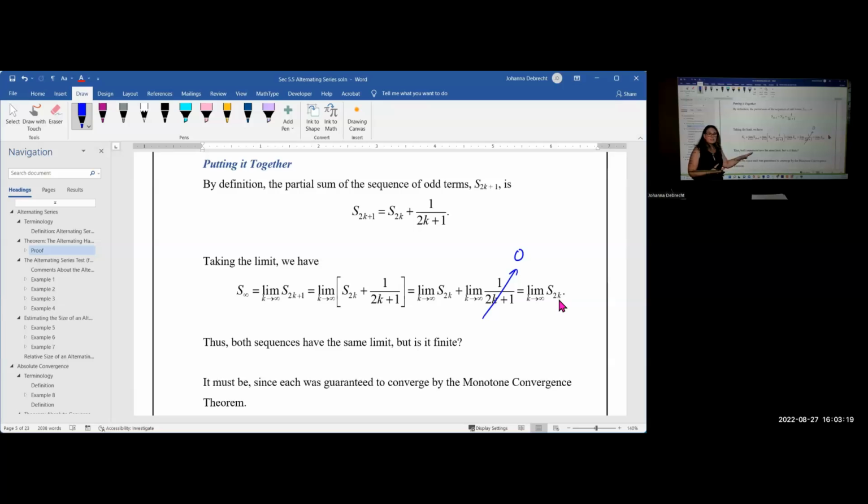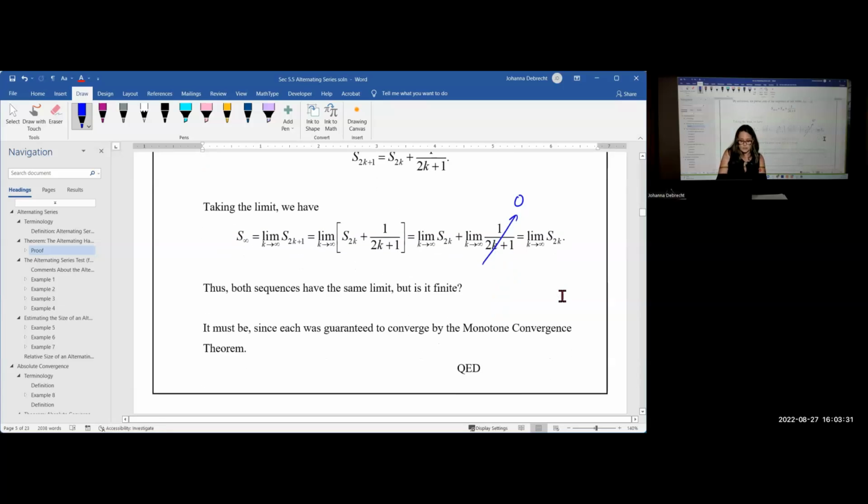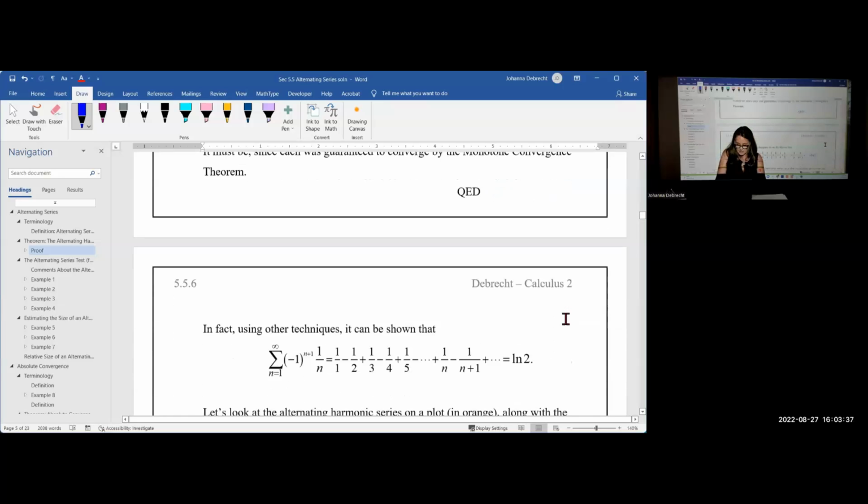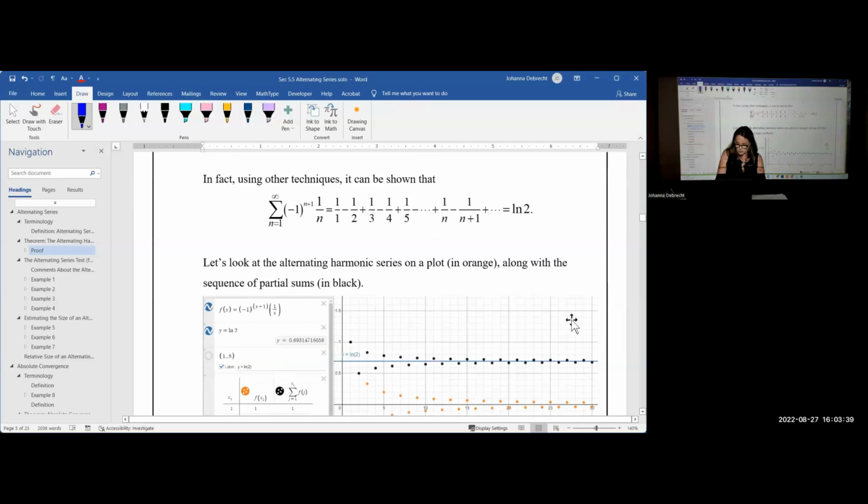So both sequences have the same limit. We need to make sure now S infinity is in fact finite. So it must be, because we know that each of these series converges to a finite value by the monotone convergence theorem. So in essence, we are done. We have proved that the alternating harmonic series does converge.